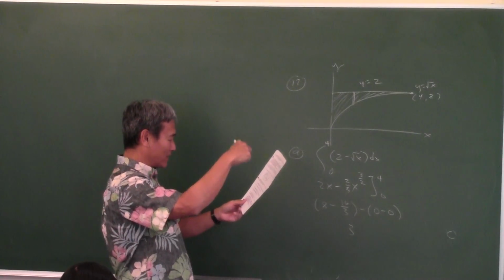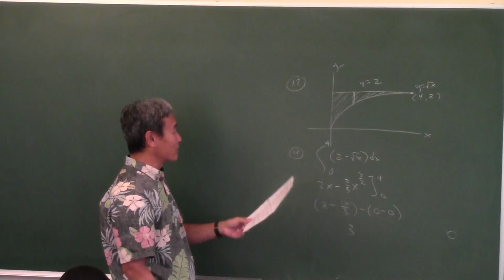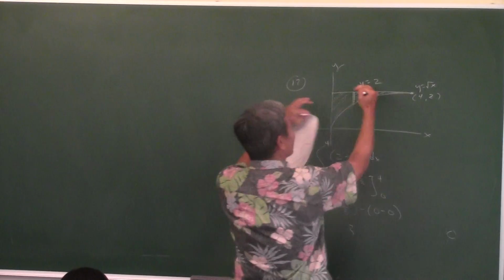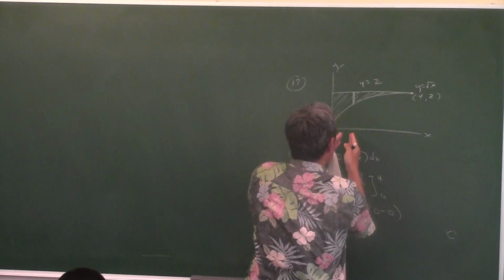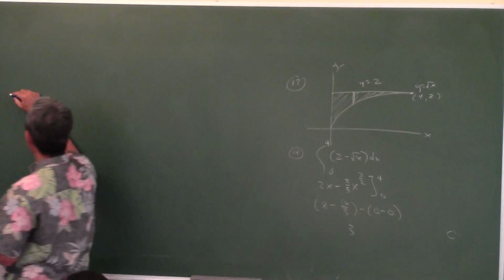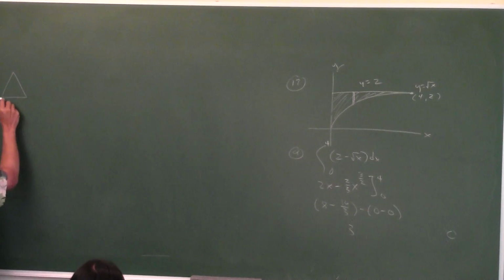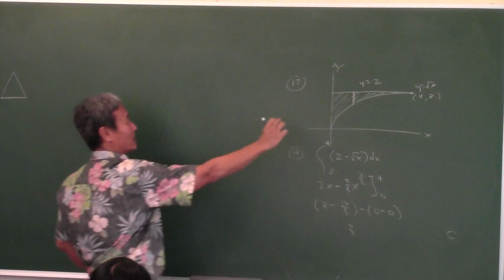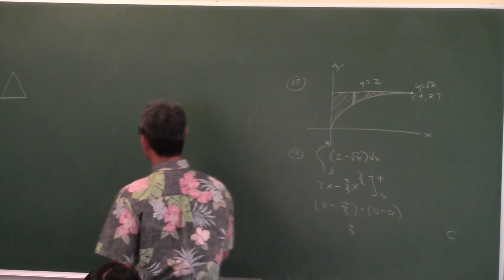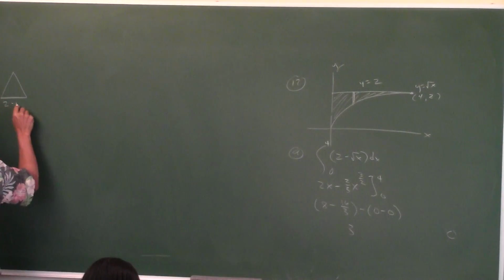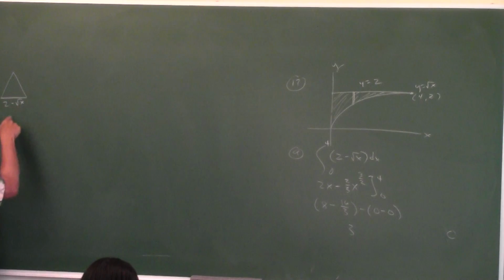Cross sections perpendicular to the x-axis are equilateral triangles. So if I put this on the cutting block and remove a slice, the slice is going to be an equilateral triangle like this. Now, what is the base of the equilateral triangle? It's the length of the rectangle, which is 2 minus root x. And if you know what the side of an equilateral triangle is, how do you find the area?